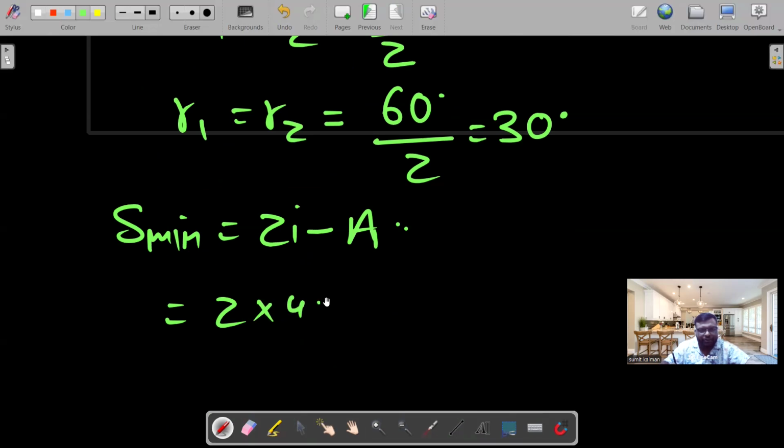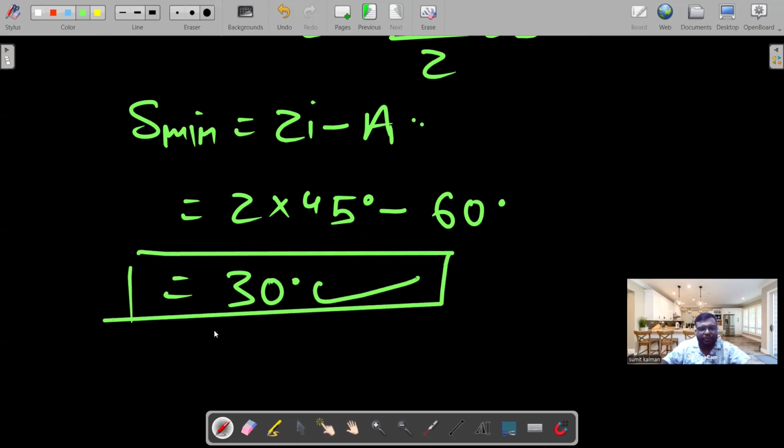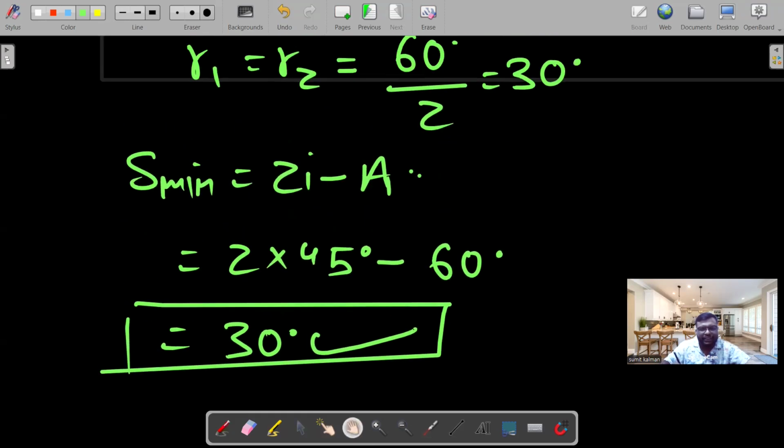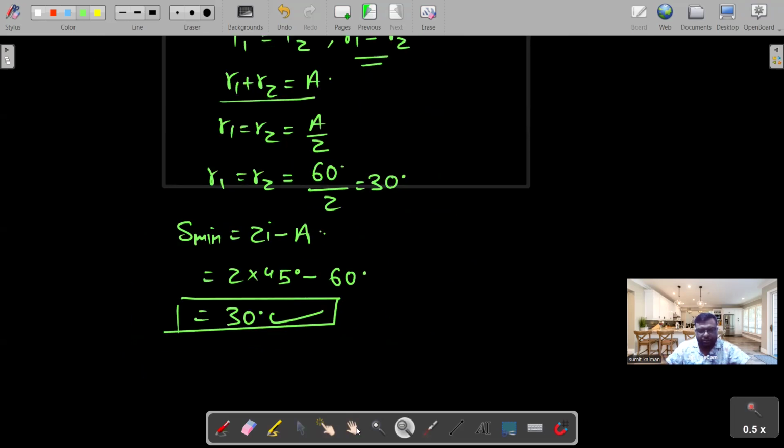So it will be 2 into 45 minus angle of prism is 60 degree. So here, if you calculate this, it will come out to be 30 degree. So this is the minimum deviation of this problem.